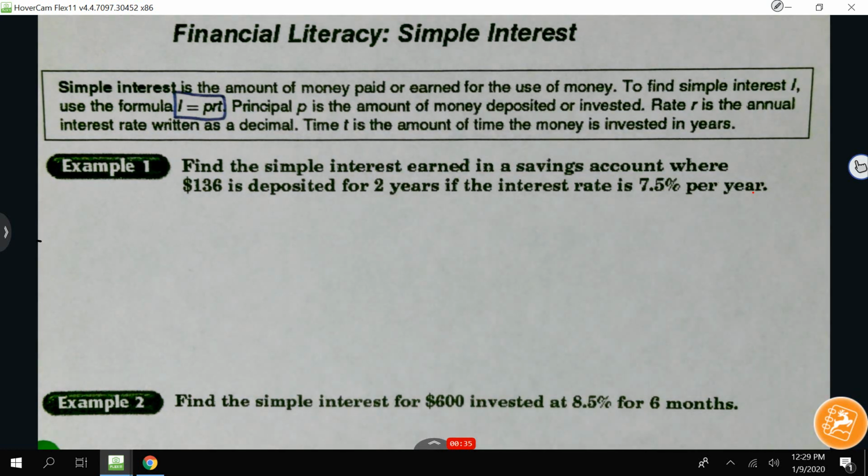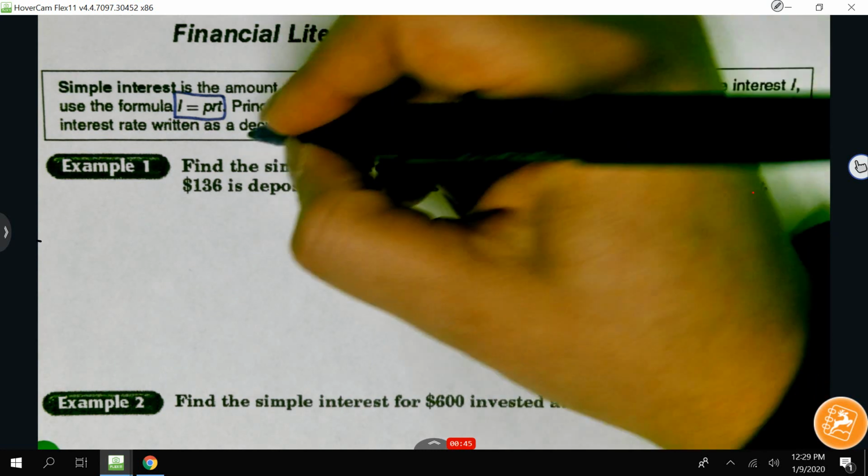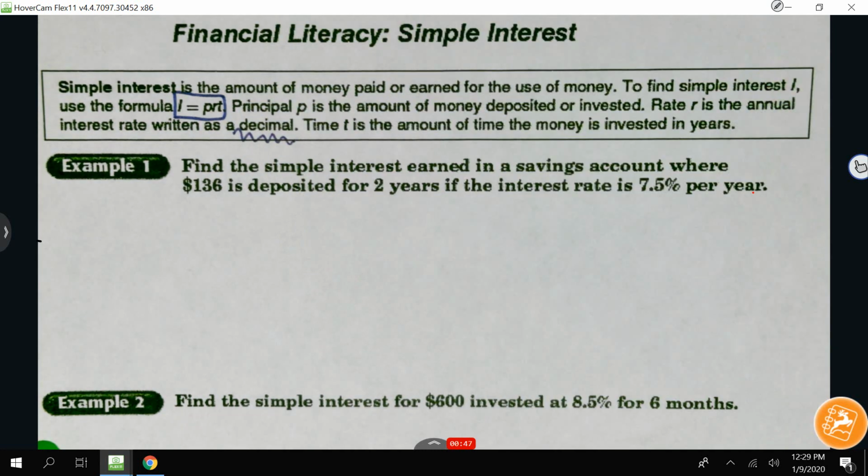Principal, which is P, is the amount of money deposited or invested. Rate is R, and it's the annual interest rate written as a decimal. So everybody underline that. It has to be written as a decimal.